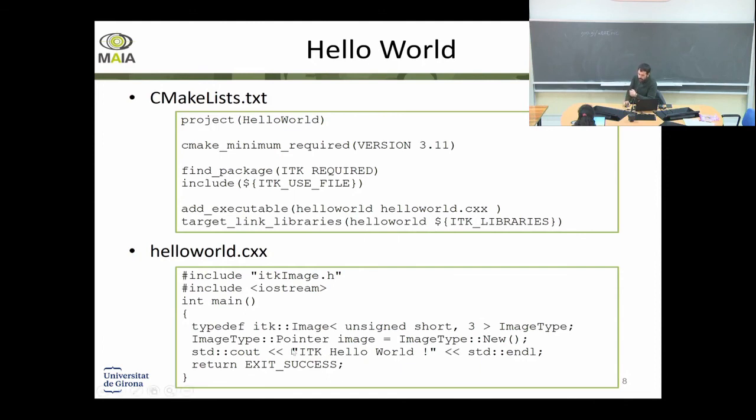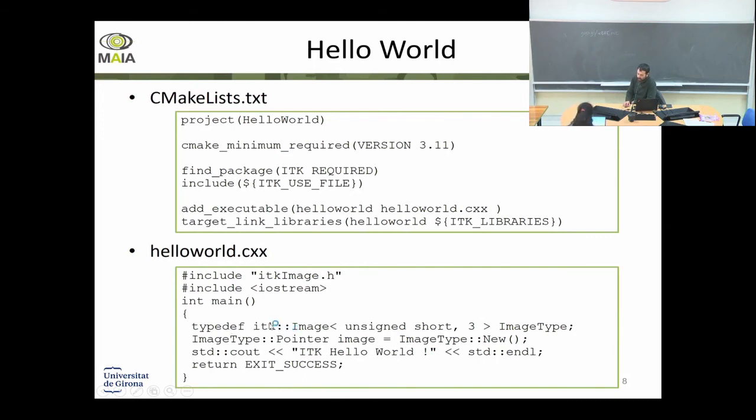Okay, and this new type, in this case, for instance, instead of having to write all the time itk::Image of unsigned short 3 blah blah blah, we name all this thing ImageType. Okay, so then we can say ImageType image and use it. Okay? So this first line is called typedef itk.